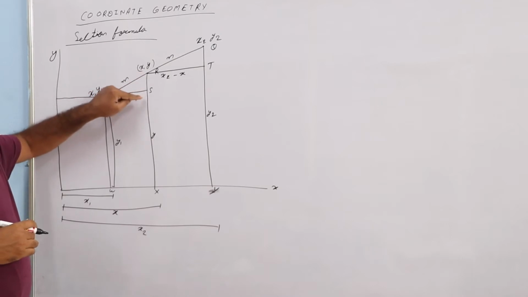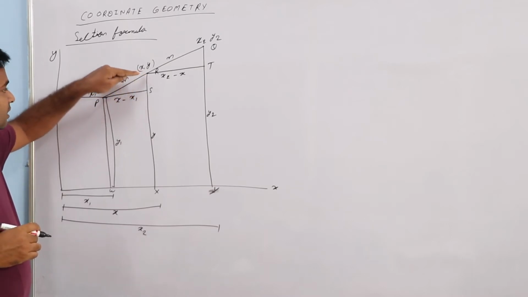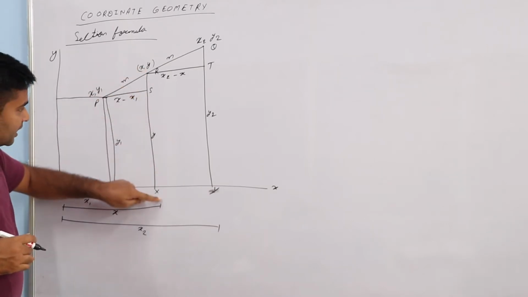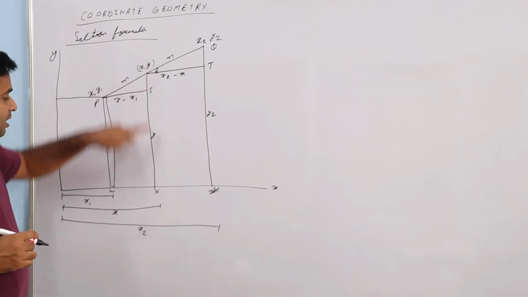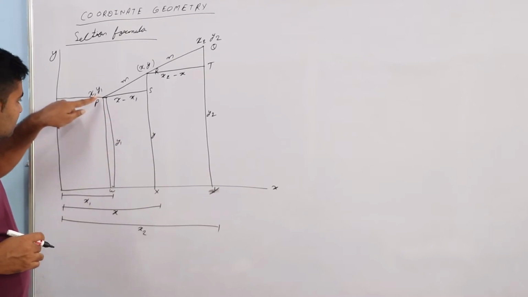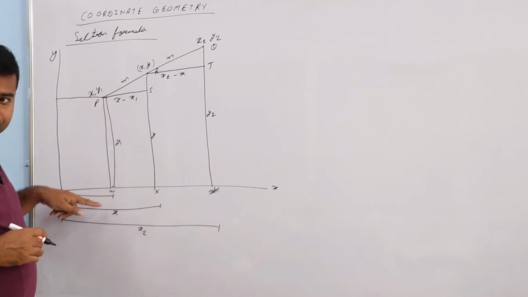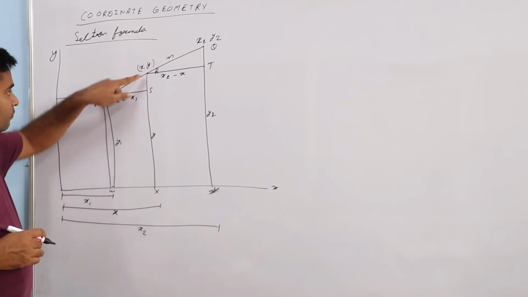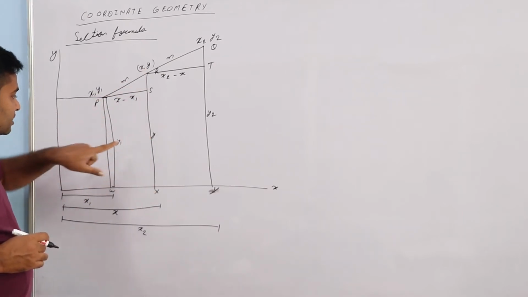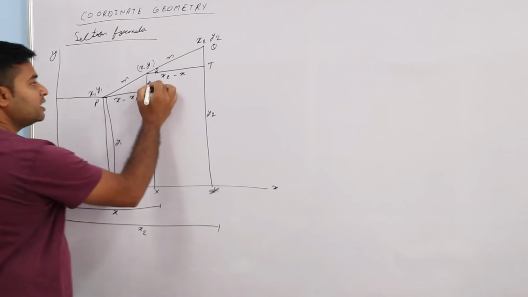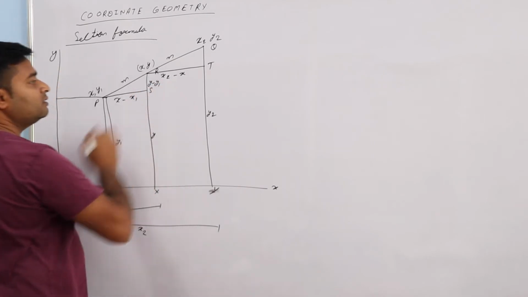Same like that, find this distance RS. From R's x, this is y and this is y1, so this distance will be y minus y1.